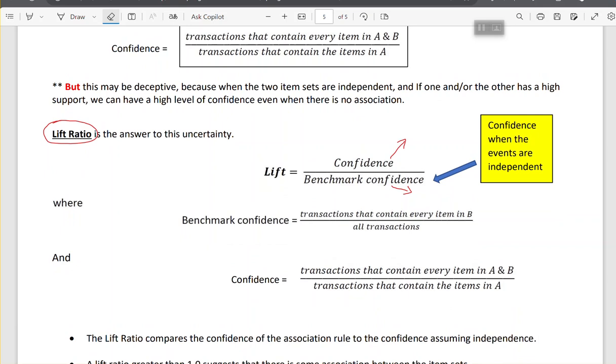If we assume A and B are independent, A doesn't affect B and B doesn't affect A, then this becomes the benchmark confidence formula. Out of all the transactions, how many transactions contain B? I don't care whether they bought A or not. I just care about B.